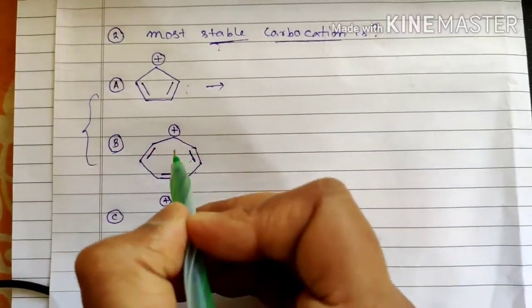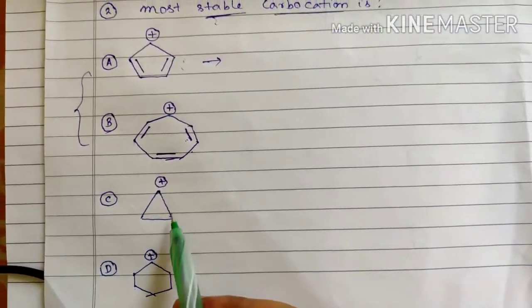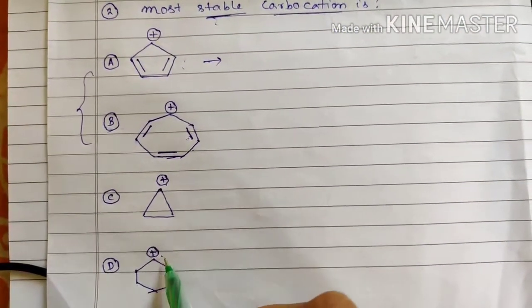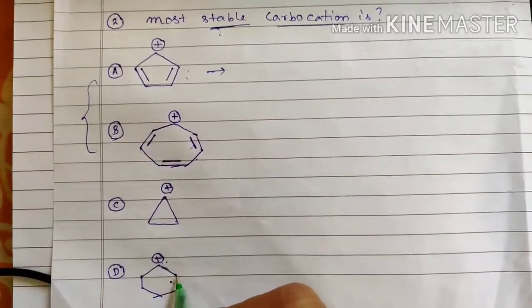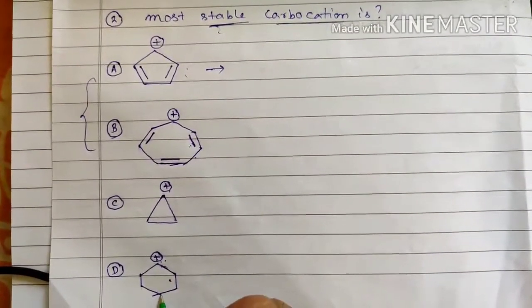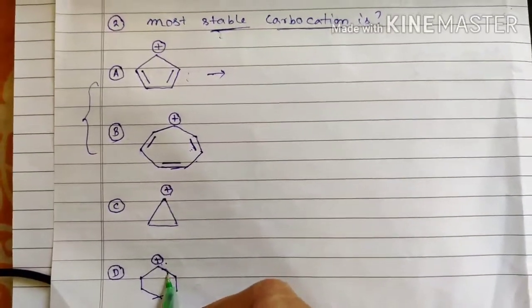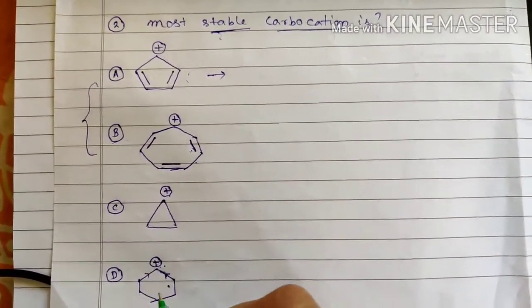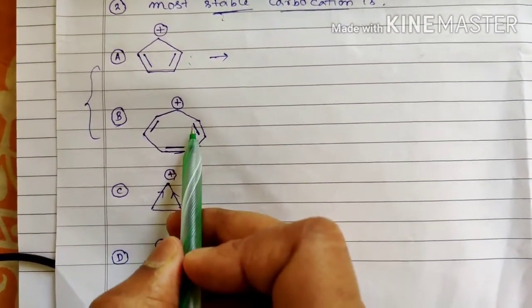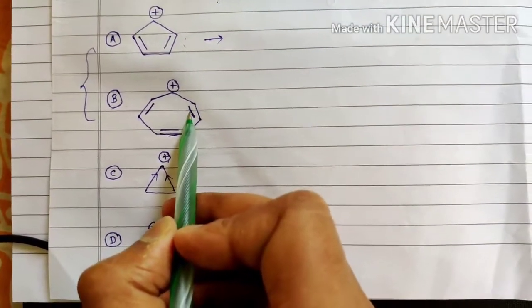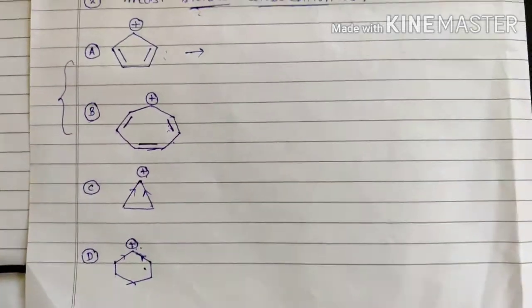The comparison will be between these two, because in the last two, the cyclic groups, CH2, CH2, CH2 like that, have plus I effects here also. But here the double bonds are present, so the effectivity will be much more. Let us see one by one.